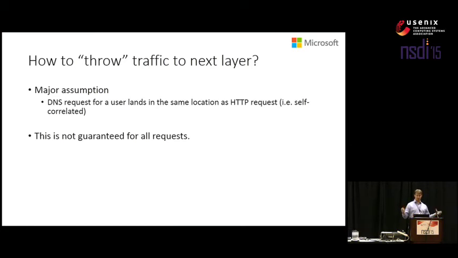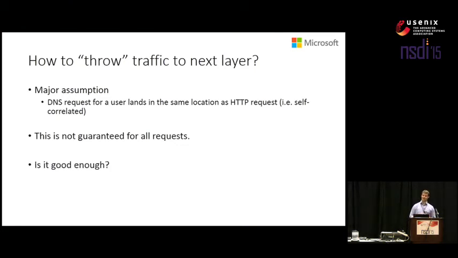So if we have edges in Portland and in Salt Lake City, the user, myself who's sitting in Seattle, my HTTP request would land in Seattle, but my DNS request would land in Salt Lake City or Portland. So it's not particularly guaranteed. But is it good enough to handle the overloaded node situation?